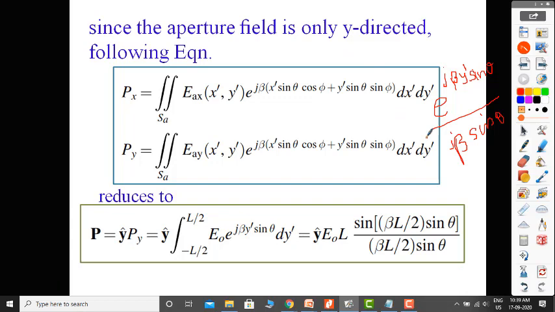So this will be e raised to j beta L by 2 sin theta, minus e raised to minus j beta L by 2 sin theta, whole divided by j beta sin theta.